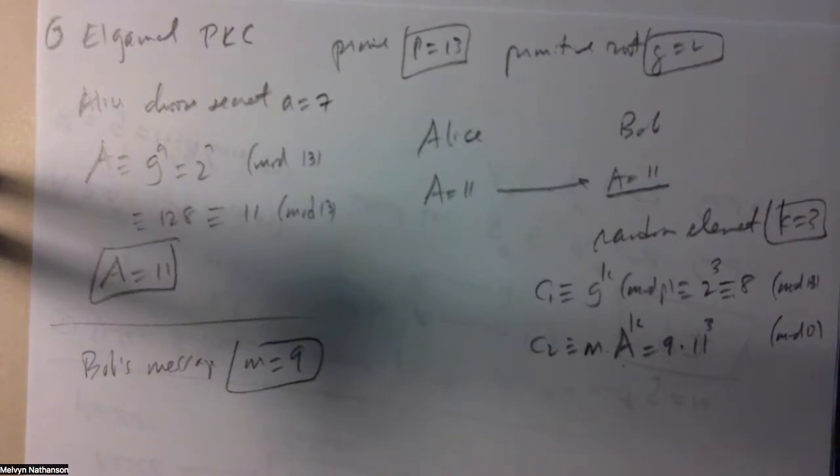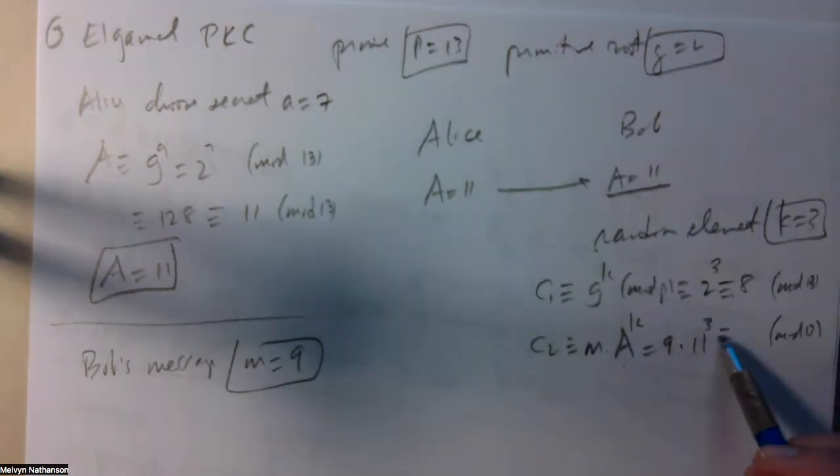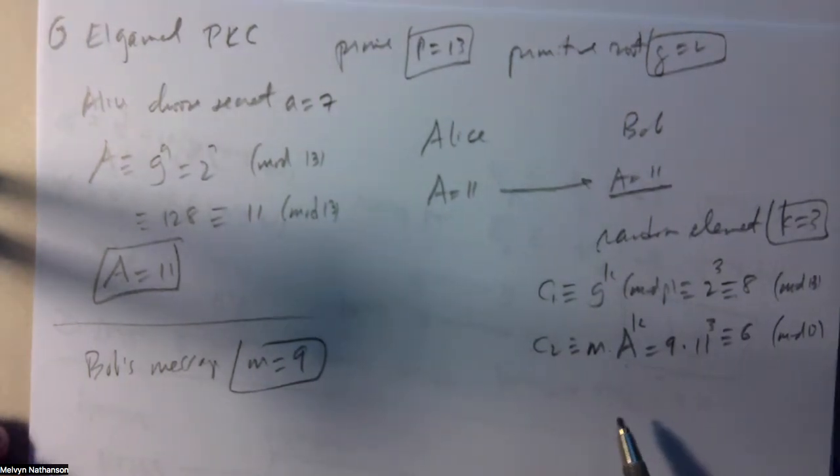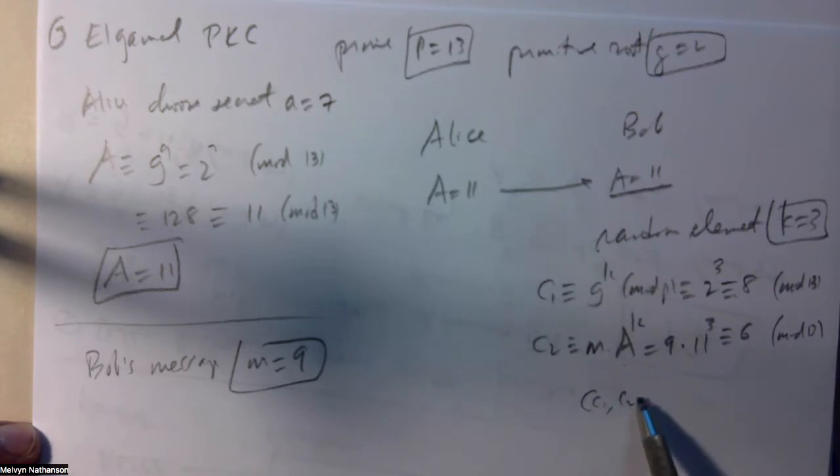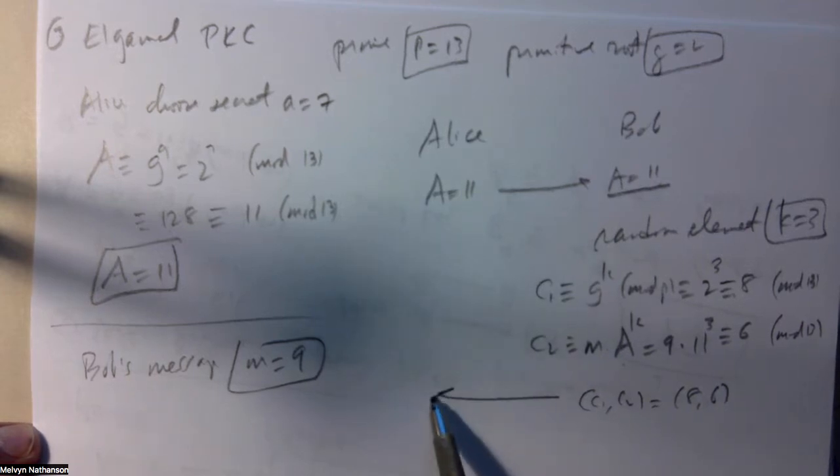Again, these are pretty small numbers. You could do it by hand, or with a calculator or computer. When I calculated, I get 6. So Bob takes this pair C1, C2, which is the pair 8, 6, and he sends it back to Alice.